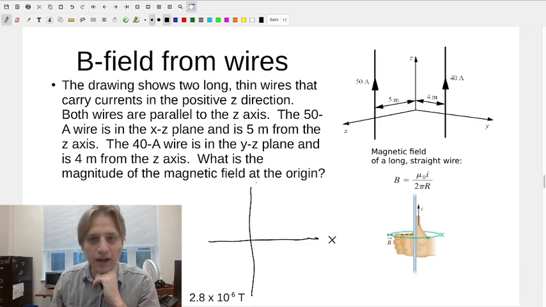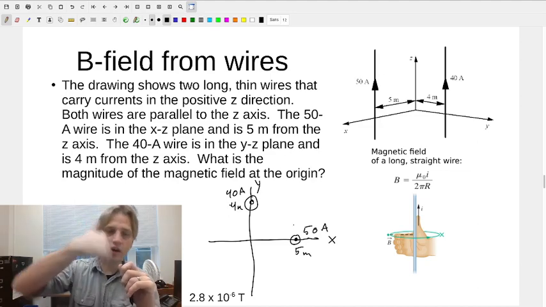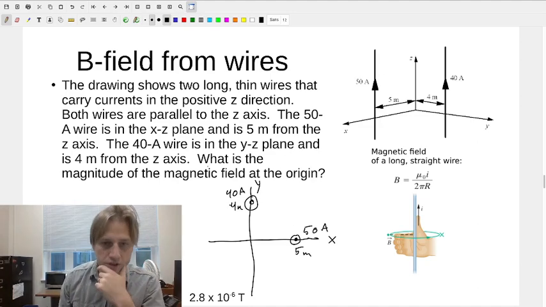Well, let's say that you had X and Y, and you had your 50 amp current there at 5 meters on the X axis, and you had your 40 amp current coming out at us at 4 meters up on the Y axis. Well, just as we did before in class, you could go ahead and use your right-hand rule and find your directions for each one of those currents.